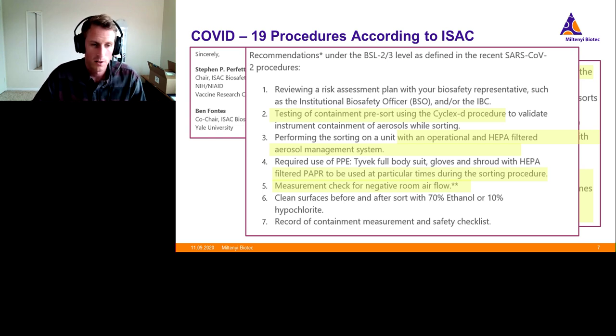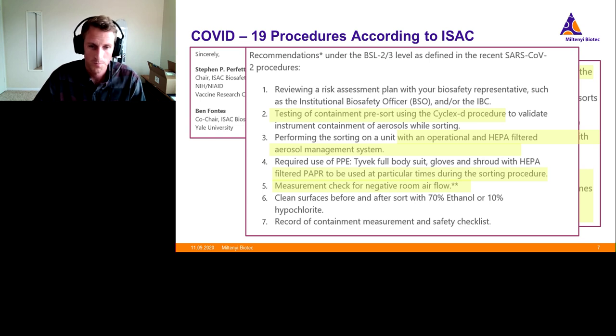Here is a little bit more granularity on these details. We want to test containment of the pre-sort using a Cyclex-D procedure. I'll go into a little more detail on this as we talk about aerosolization. This is a test to verify that your system is able to contain aerosols and minimize that spread into the room.